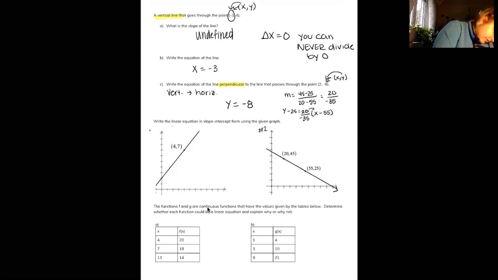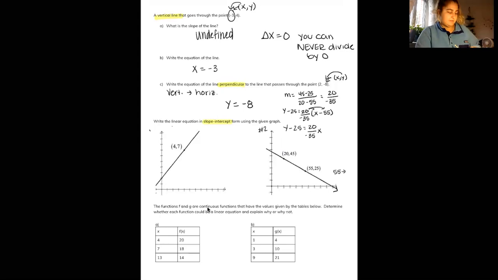I'm going to distribute, right, because it wants it in slope-intercept form. And then I need to figure out, okay, well, 55 in 35ths, right?